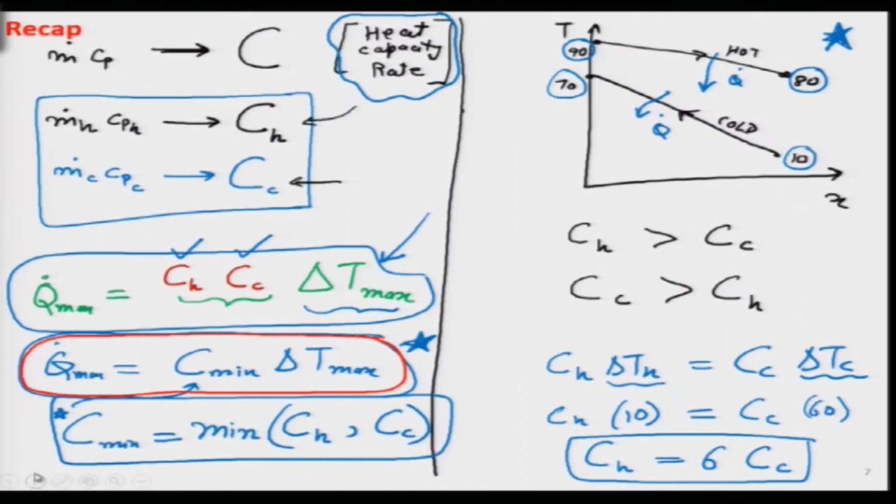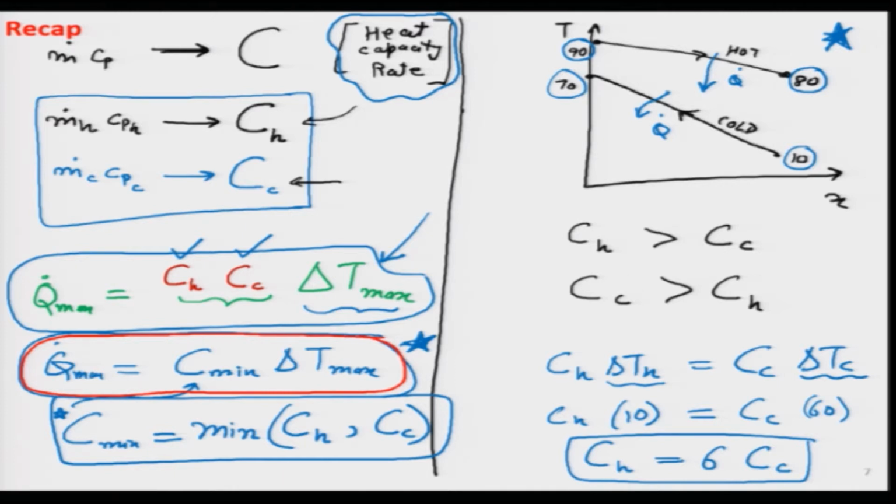With that concept in mind, we defined this symbol capital C, which is the product of mass flow rate and Cp, specific heat, and this capital C is called the heat capacity rate. So, we have two capital C's, capital CH and capital CC.